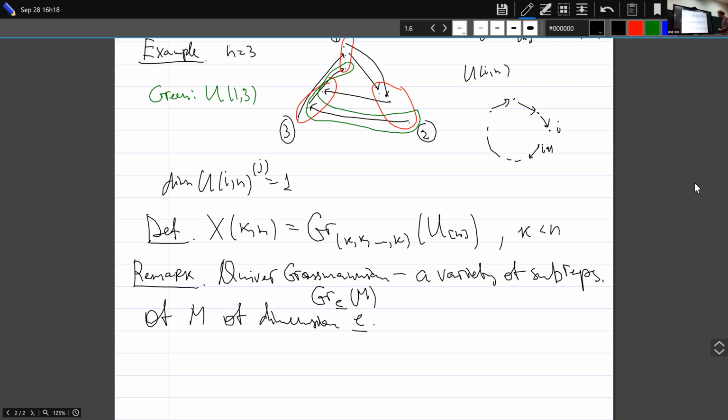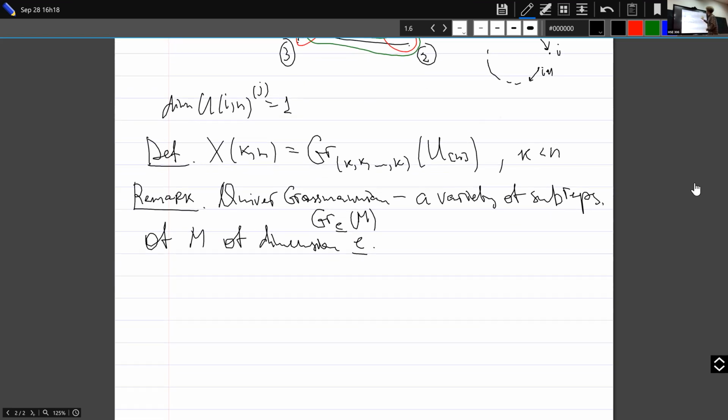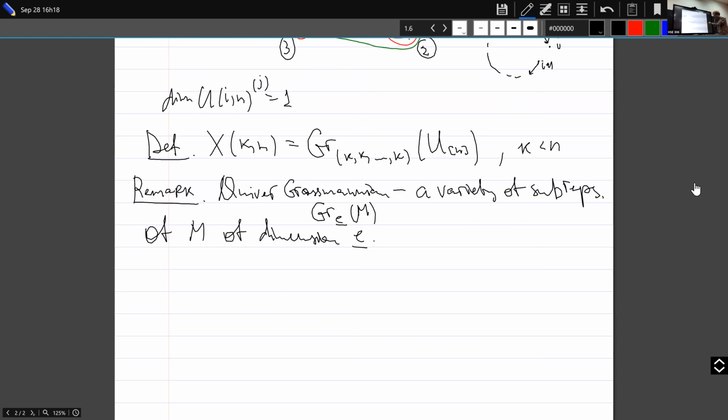So let me give you an example, and then we'll see how this is related to the last week's story. Let me start with the simplest example: n equals 2, k being 1.